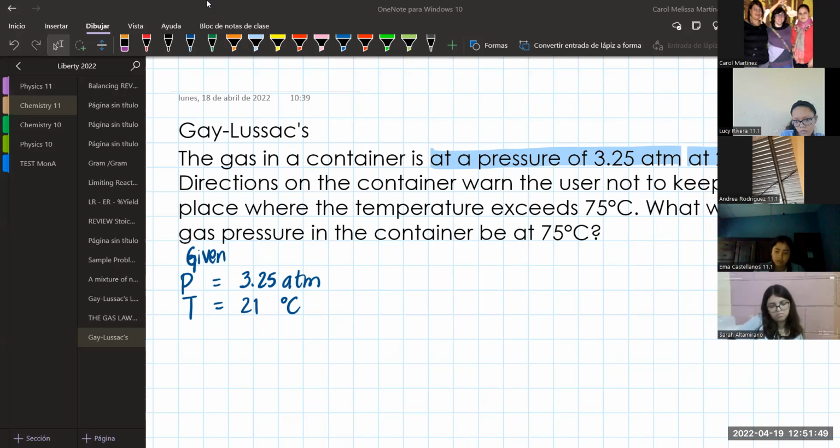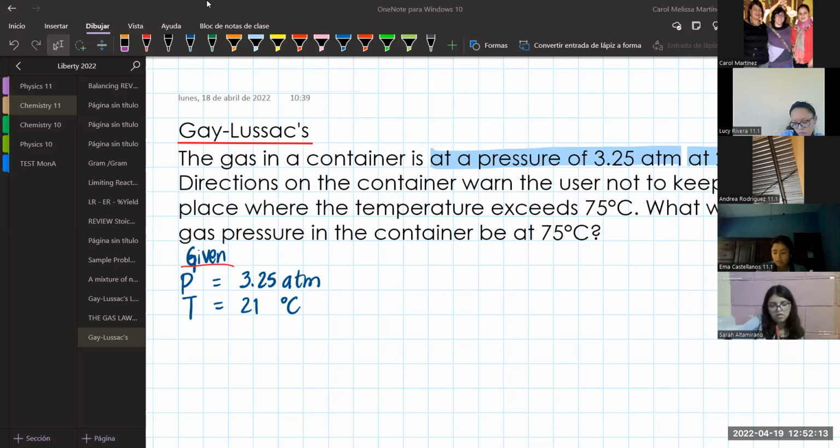These two are going to be my initial conditions. So how do I know these are the initial conditions?